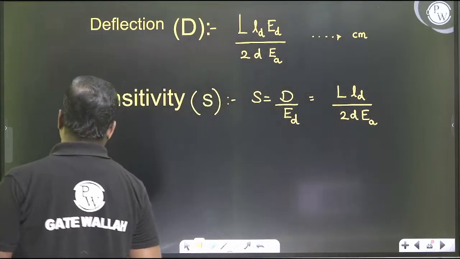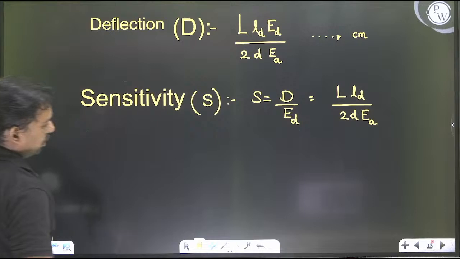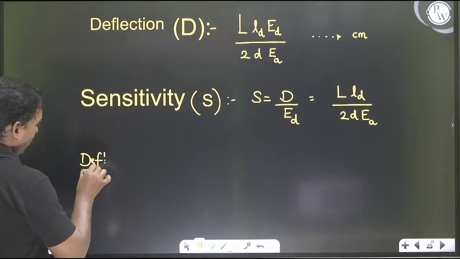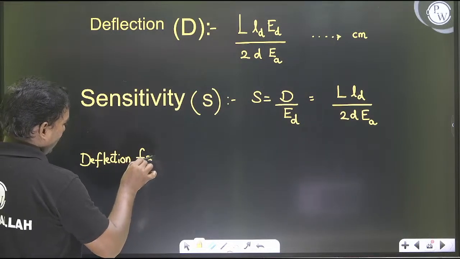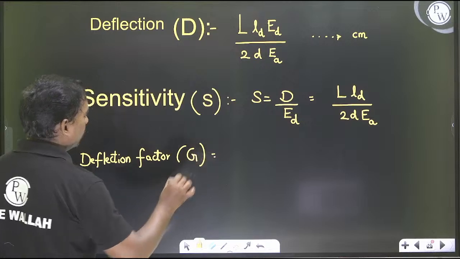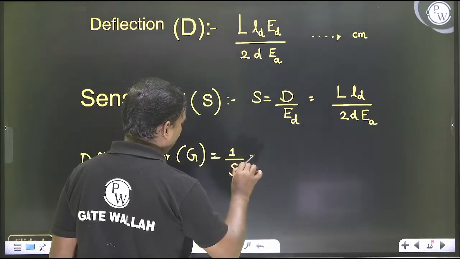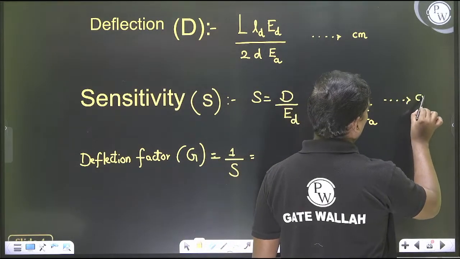Next, there is one more parameter called deflection factor. Deflection factor is equal to G. I can take G as 1 by S. Here the units are centimeter per volt.